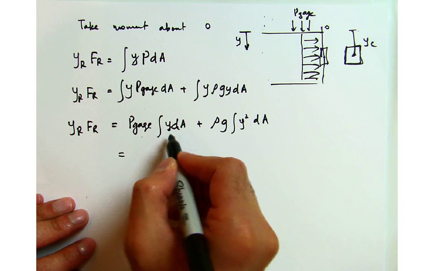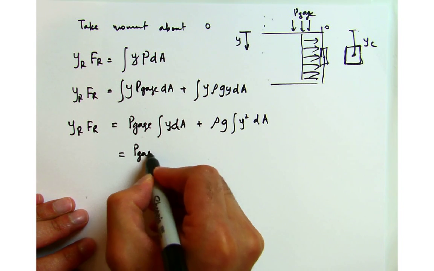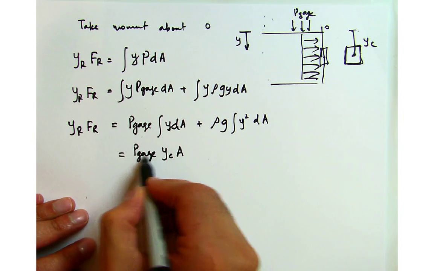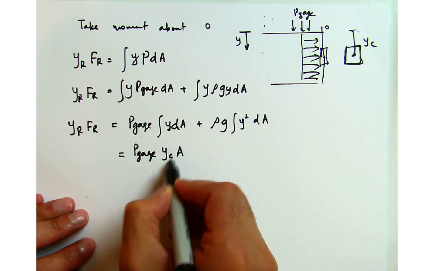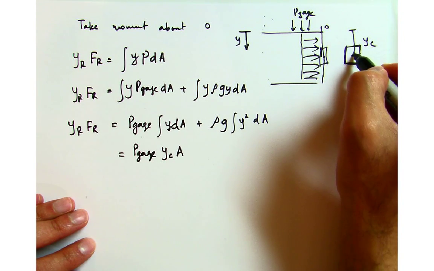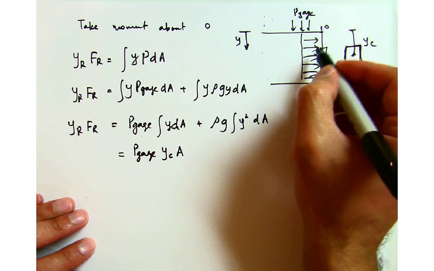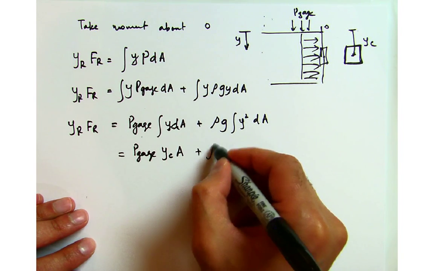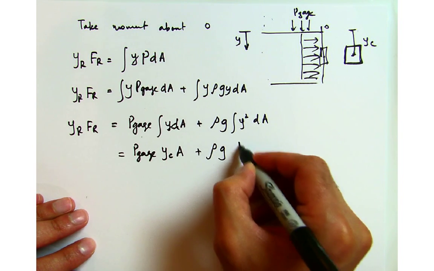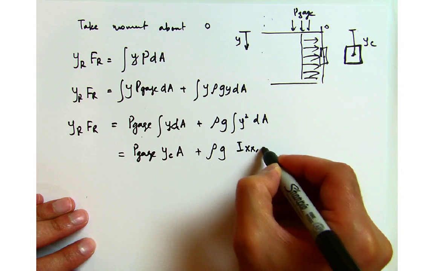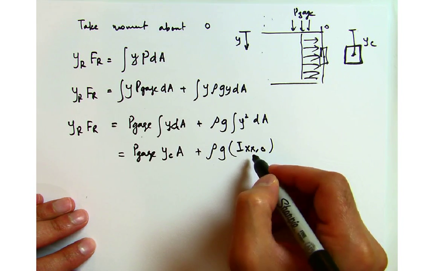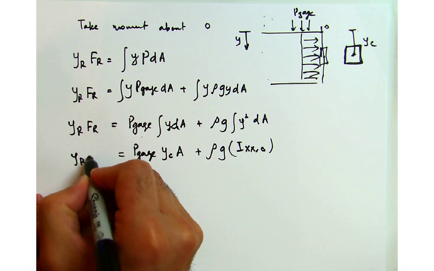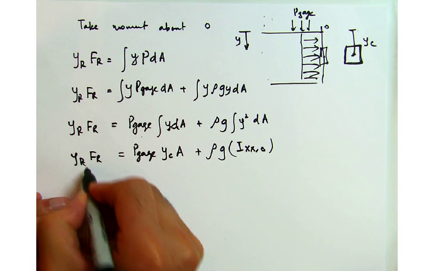So I can replace it with P gauge times yC A. P gauge times the area is the force, and this force is acting at the centroid of this geometry, plus rho g Ixx about point O, which is the second moment of area about point O, and we have yR FR.